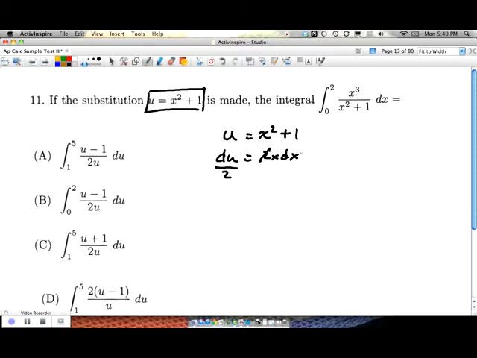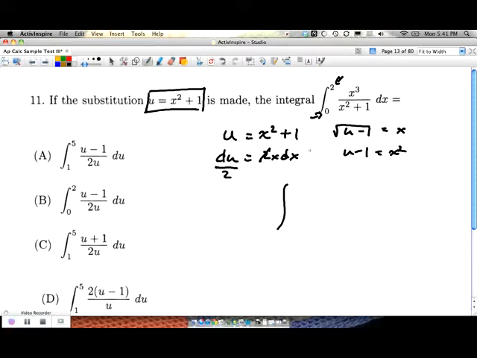I also know if I were to solve this, I'd have u minus 1, and then the square root, equals x. So that's another way of thinking about this. Another way of thinking about this is just u minus 1 equals x squared. So let's see how this would all fit together.